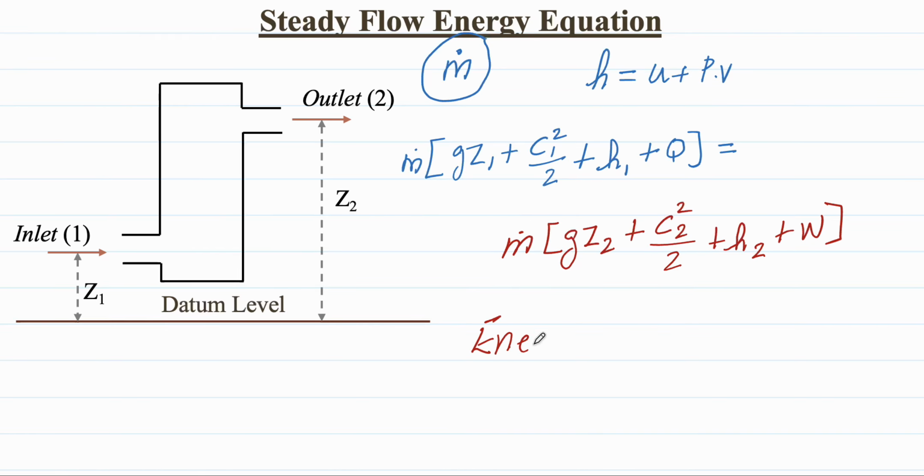So this represents energy flow per unit time, and the unit of energy flow per unit time is joule per second.